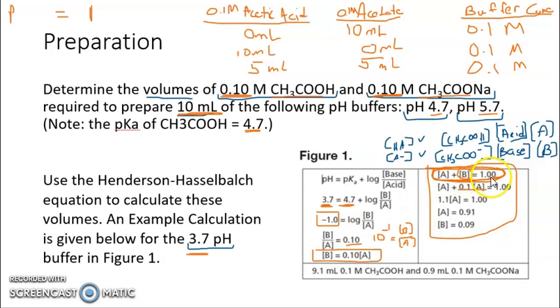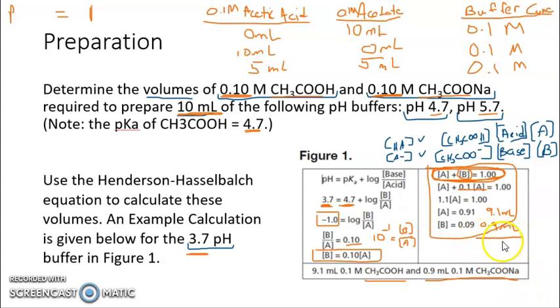I would have written this as 100 rather than 1. But for every 0.91 milliliters of A, you have 0.09 milliliters of B, and you need 10 mils. So you're just going to multiply this by 10, and you're going to get 9.1 milliliters of acetic acid and 0.9 of sodium acetate.